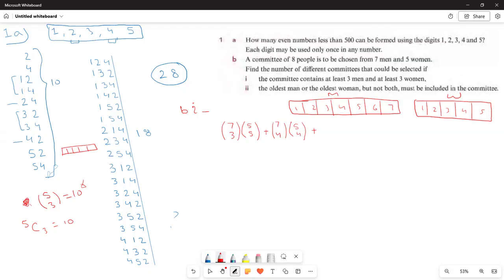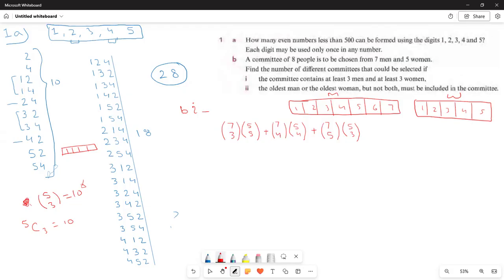So 5 men selected from 7 is 7 combination 5. And if I have to select 3 women from 5, so from 5 women, I have to select 3 women. Okay, and that's it, not more than this, because I cannot reduce the number of women to less than 3. I cannot reduce it from 3, right?